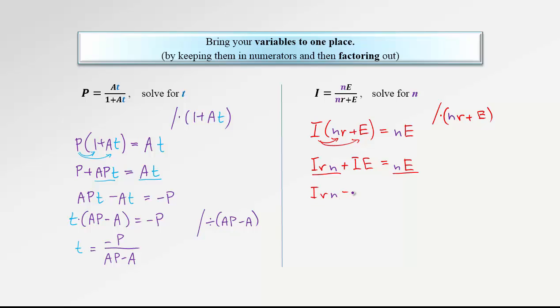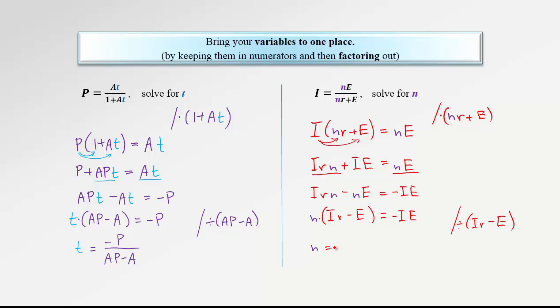IRn minus ne equals, and if we bring this Ie term to the right, it becomes negative Ie. Okay, one more step. Let's factor n out of the bracket. What's inside is IR minus e equals negative Ie. And then to get n by itself, we need to divide by the whole bracket, IR minus e.